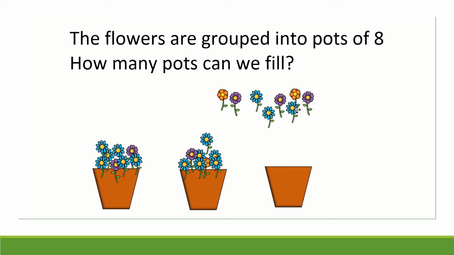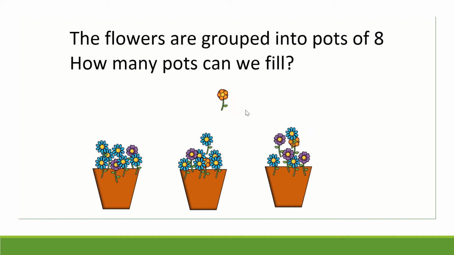Let's see if we've got enough for equal groups. 1, 2, 3, 4, 5, 6, 7, 8. So when grouped into pots of 8, we can fill 3 pots equally.